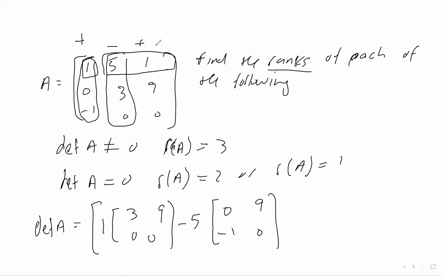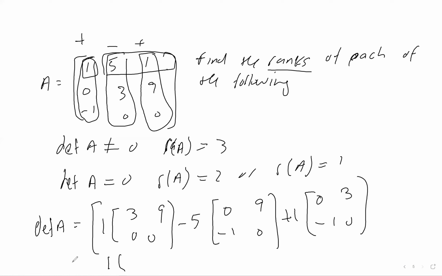Then we have a plus 1, and when you cover this and this, you take the determinant of 0, 3, minus 1, and 0. Then you calculate what the determinant of this one is.